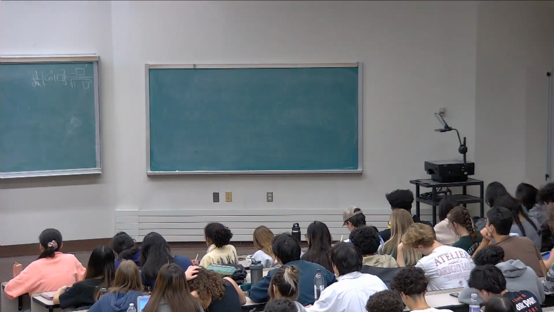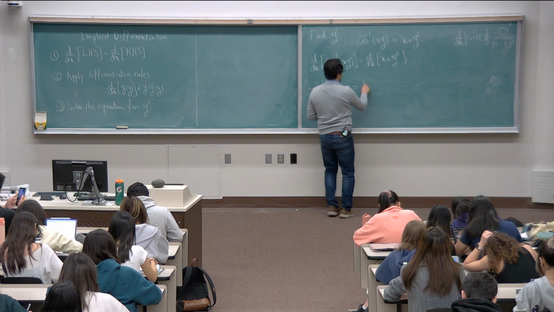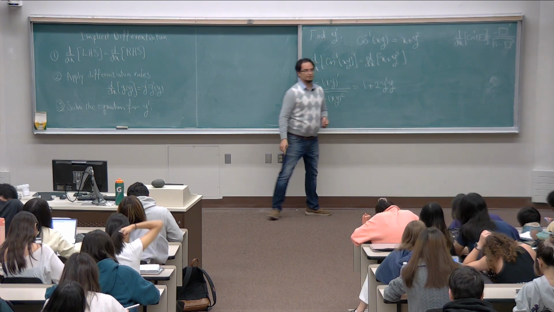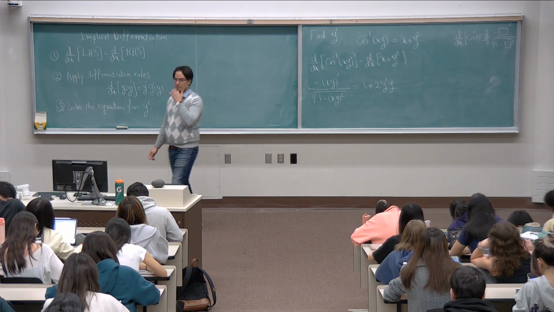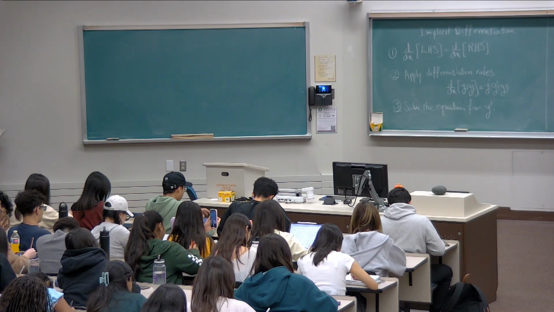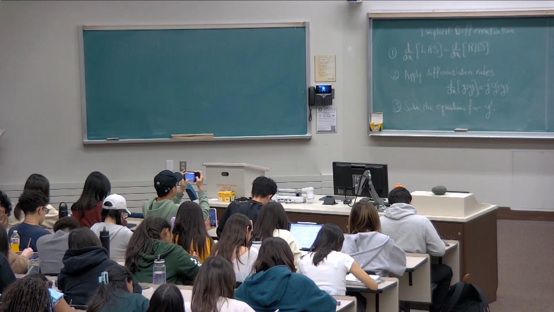And the right-hand side is, oh, well, that's easy differentiation. Here's 1 plus 2y prime y. Now, in the numerator here, this is the product rule, yes?